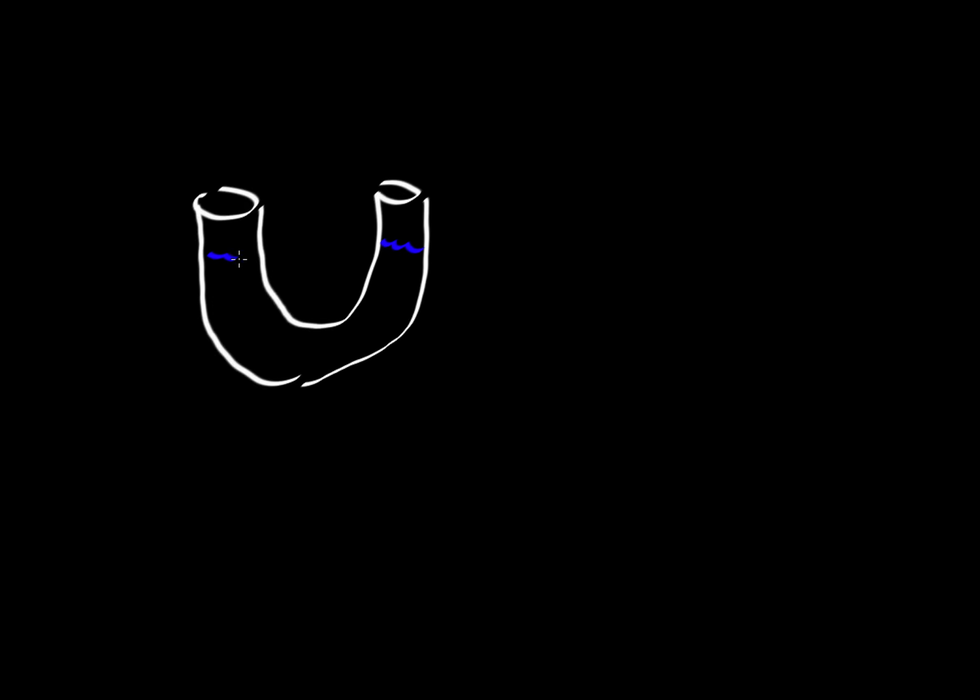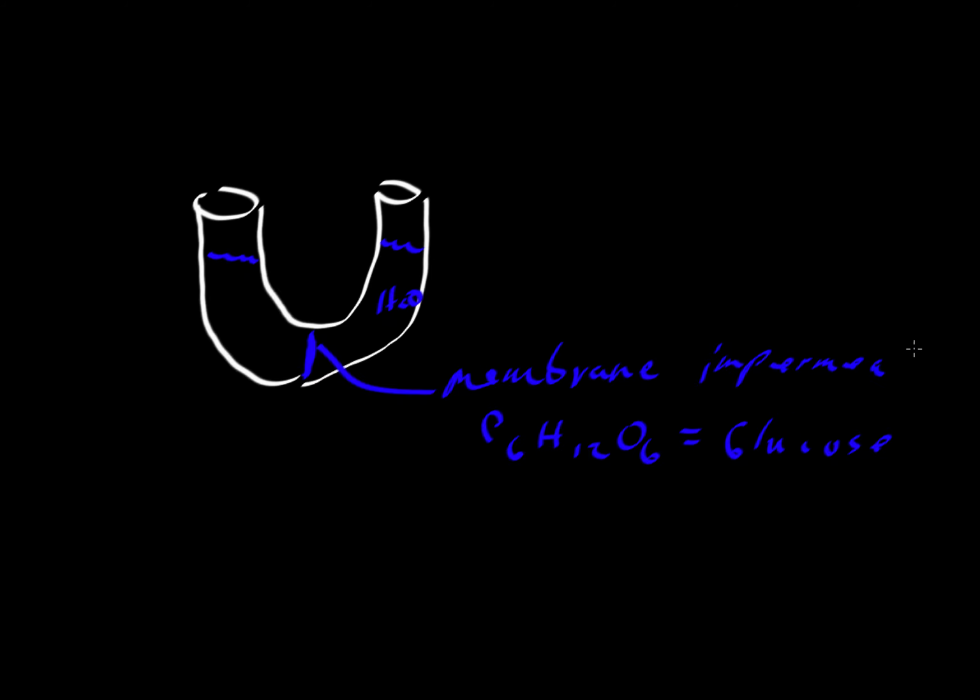Let's say we fill a tube, and let's say it's open at both ends, and we fill it with water, but we're going to put a membrane here where that membrane does not allow, let's say, sugar, C6H12O6, which I think is glucose. So let's say that membrane is impermeable to glucose. So there's that membrane, that barrier right there.